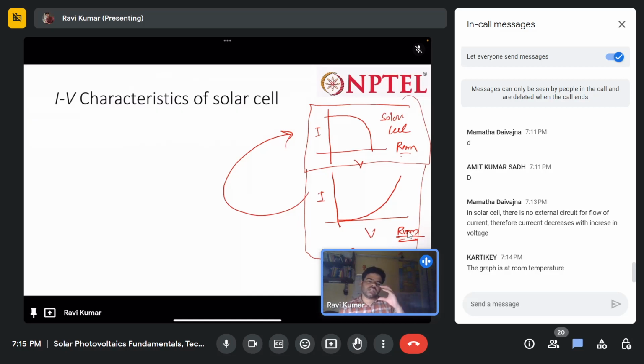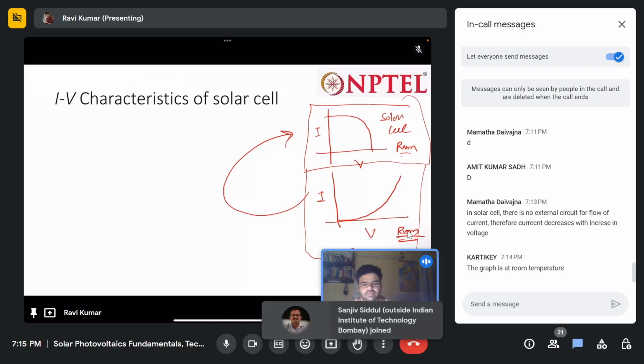See, if there is no external circuit, that is known as open circuit, and current remains zero and voltage remains maximum. That is the condition you are talking about. Chaitanya, do you have any idea? Or anyone else?